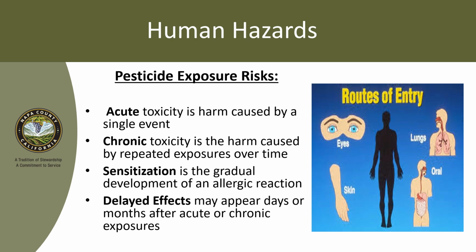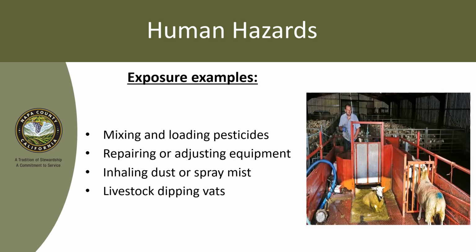So acute is the one that you'll hear in the medical literature as just being, it's happening right now, it's a single event, and that's the harm. Toxicity is harm caused by that single event.